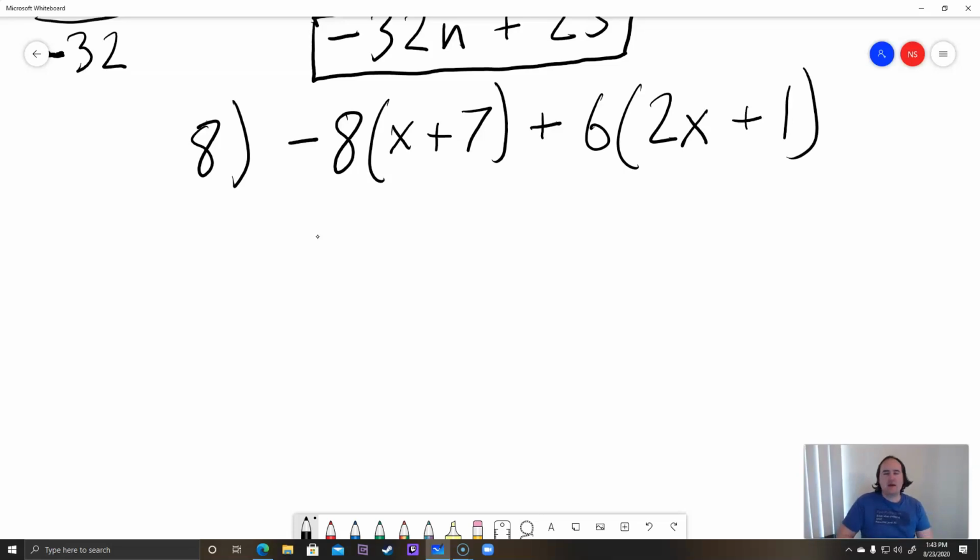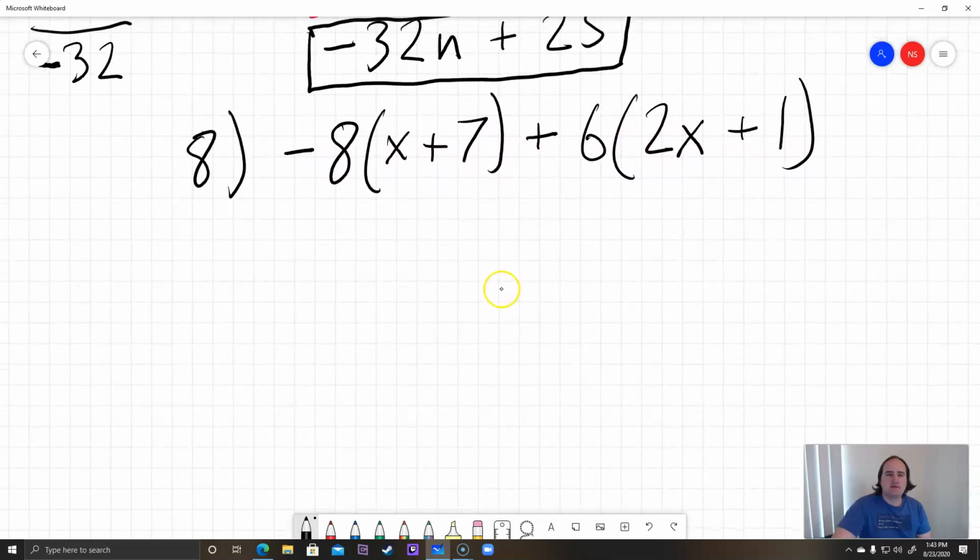Okay, so negative 8 times the quantity x plus 7 plus 6 times the quantity 2x plus 1. So this one's really pulling out all the stops. We've got a different setup than the other ones.